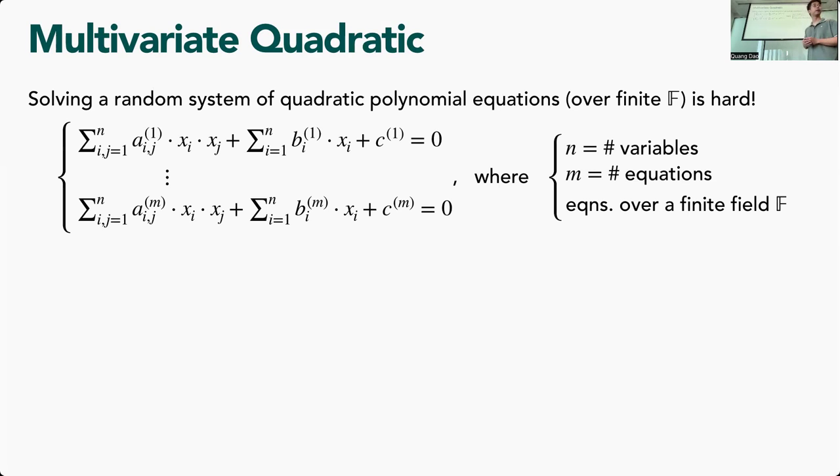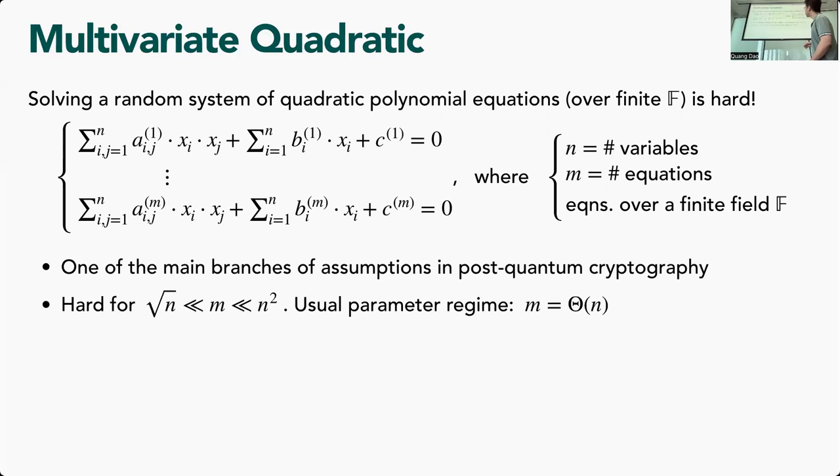Are you guaranteeing that the system will have a solution, or in the average case, will it not? Great question. It depends on the relationship between the number of variables and the number of equations. Of course, if the number of equations is less than the number of variables, then we're in this underdetermined regime where lots of solutions may exist.